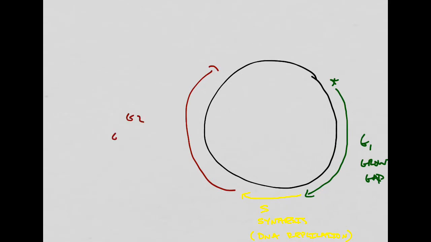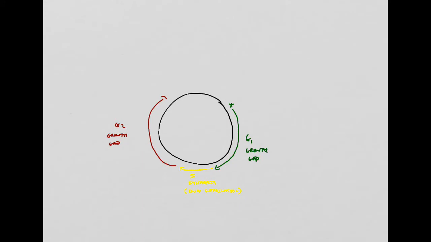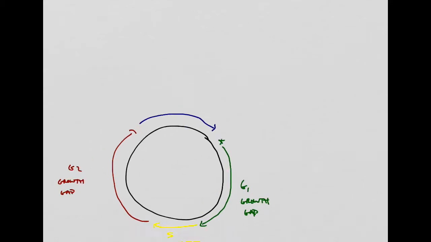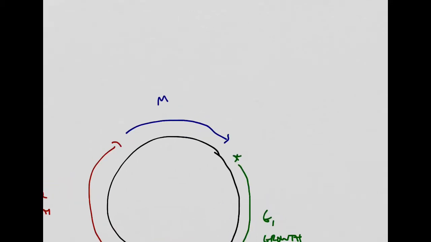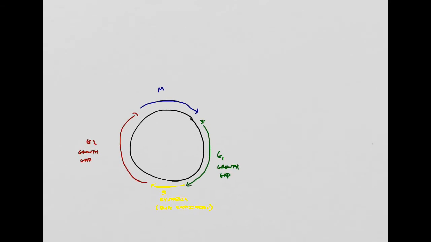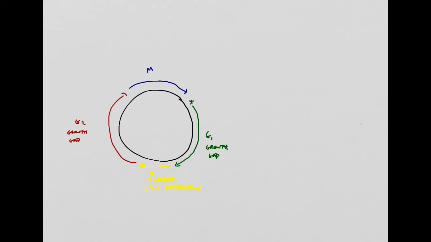And again, it's a second growth or gap phase. And the last part of the cell cycle is the M phase. Now, I'm not going to tell you yet why it's called M. You might already know, but I'm going to get into that in a little bit.